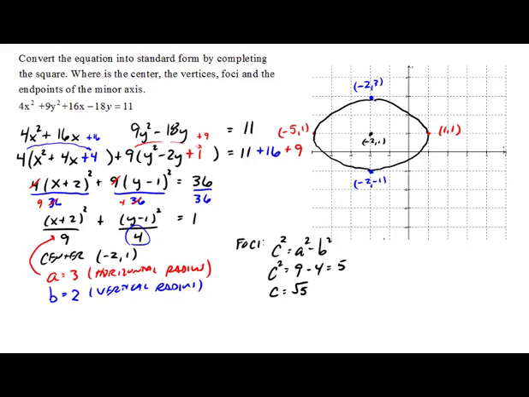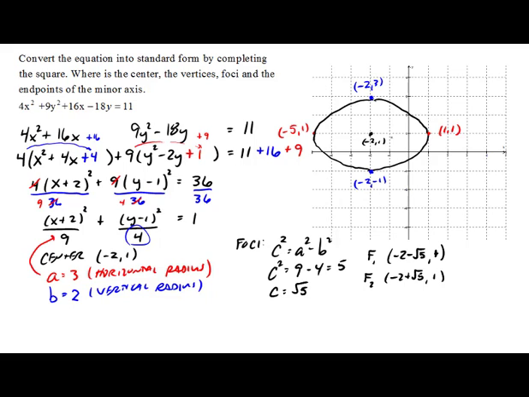So from the center, I'm going to go left and right along the major axis, the square root of 5. So the first focus would be at -2 minus the square root of 5, 1. And the second focus would be at -2 plus the square root of 5 and 1.